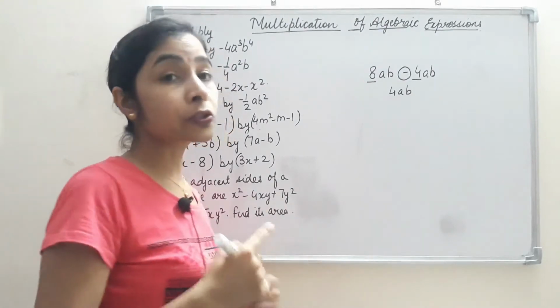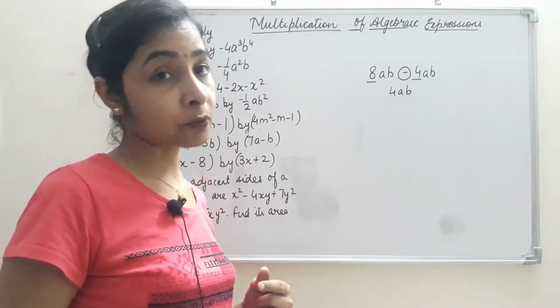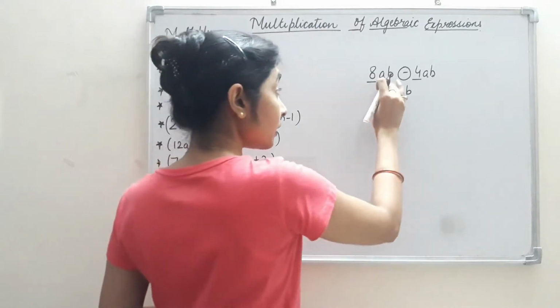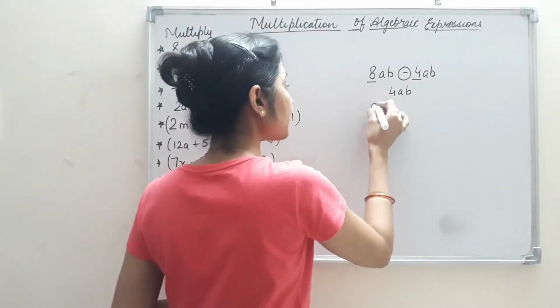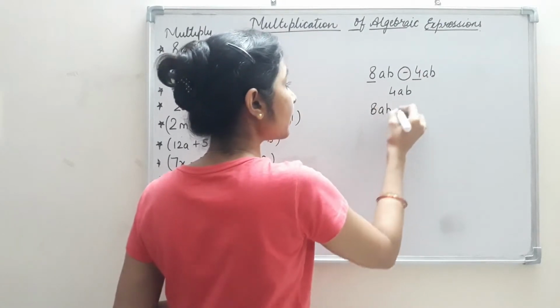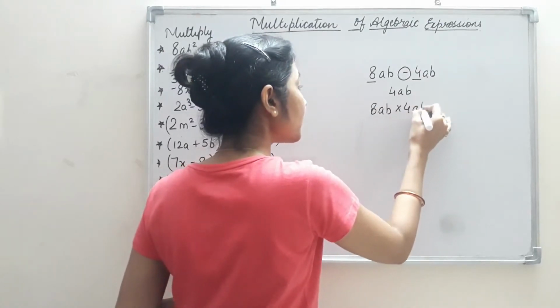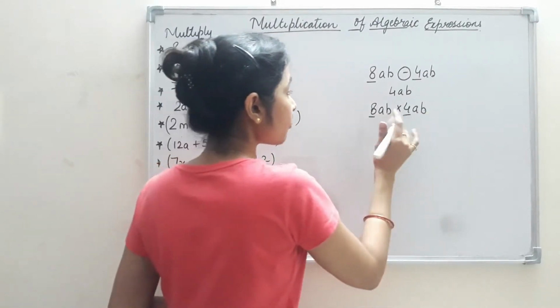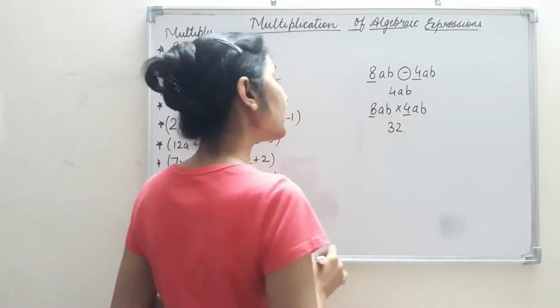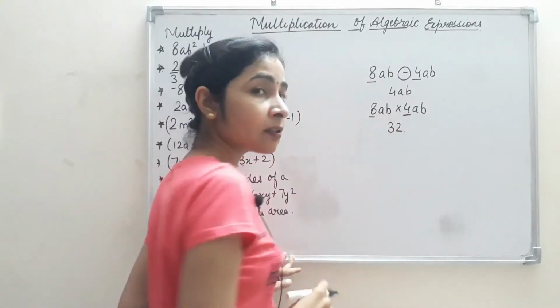We must also remember the laws of exponents here. We also multiply the variables here. Suppose these expressions are given to us, 8ab multiplied by 4ab, then what happens? First we multiply the coefficients, 8 fours are 32, and after that we also multiply the variables.